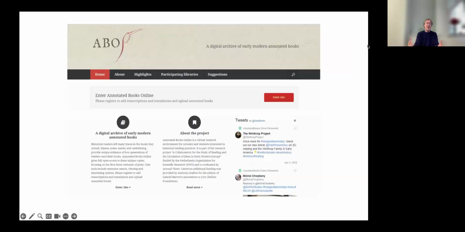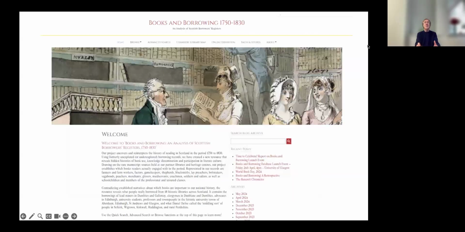There are other projects in this sort of space, like Annotated Books Online, building a database of books that are interestingly and very extensively annotated, and creating digital facsimiles of those. We've recently had a new big database project launched on borrowing registers for early modern libraries, and you can see there's a relation there between ownership and private libraries and borrowing books from libraries, but it's something different.